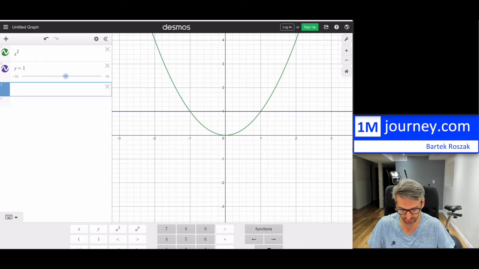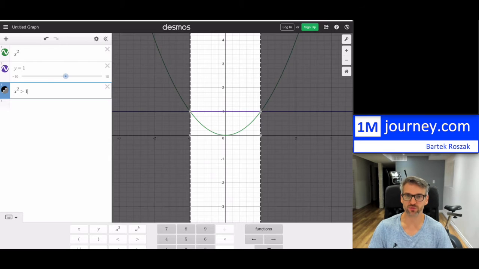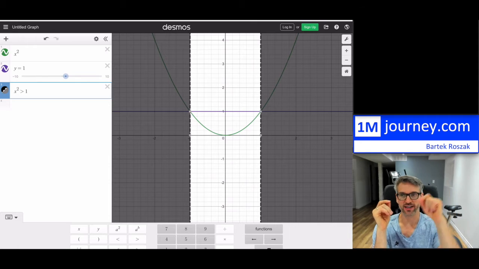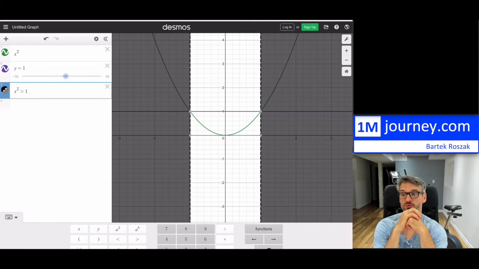And now if I plot the inequality, which is super useful in Desmos, notice that it highlights for you the regions for which values of x are going to work here. It's to the right of 1 and to the left of -1. The dashed lines mean that it can't count 1, because x squared is greater than 1, it doesn't equal it.